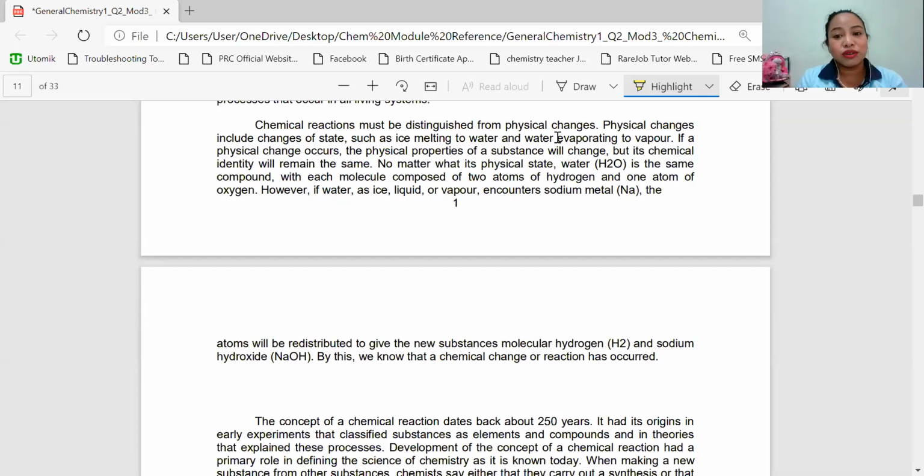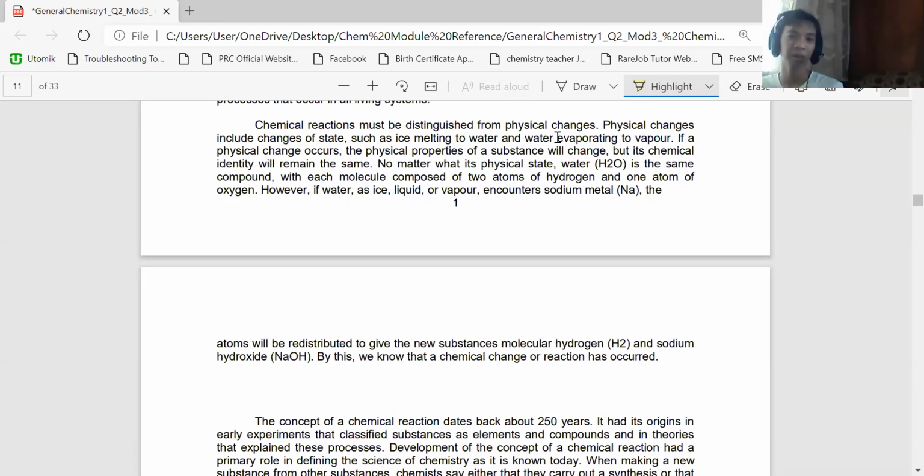The same is true with water. If you boil the water and you have water vapor, it's still water. If you freeze the water, you have ice. Then that's still water. Ice is chemically hydrogen oxide, but solid hydrogen oxide.